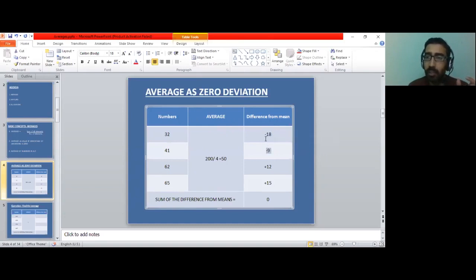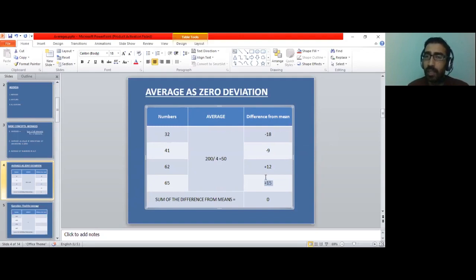So minus 27, the total sum of their deficiencies, is going to be the total by which the other two are extra. So 62 is more than 50 by 12, 65 by 15. Plus 12 plus 15 is again 27.